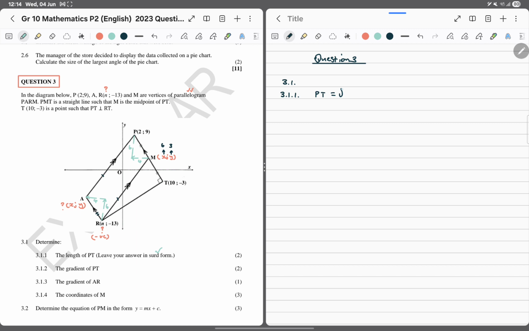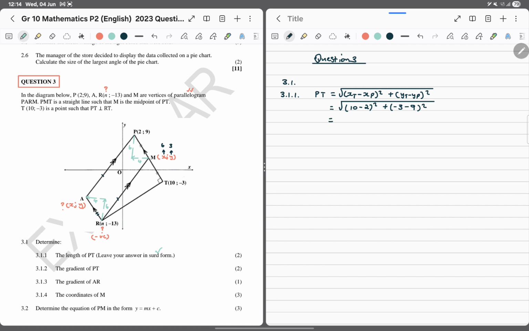We are going to use the distance formula here. So this is the square root of x at t minus x at p all squared plus y at t minus y at p all squared. This is going to be equal to the square root of x at t, that's 10, minus that at p, that's 2, all squared, plus y at t, which is minus 3, minus 9, all squared.